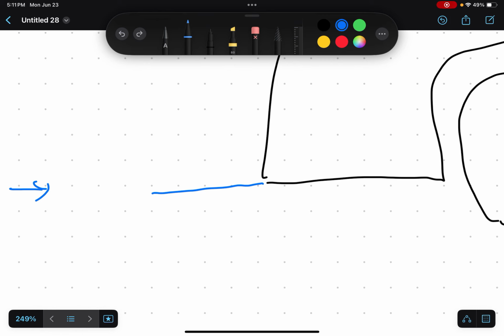It could be rounded at the front. Could be pointed up like that if you want. Literally, whatever it is. I mean, this still has sharp edges, so there's still going to be delamination, but the point is you don't want sharp edges.